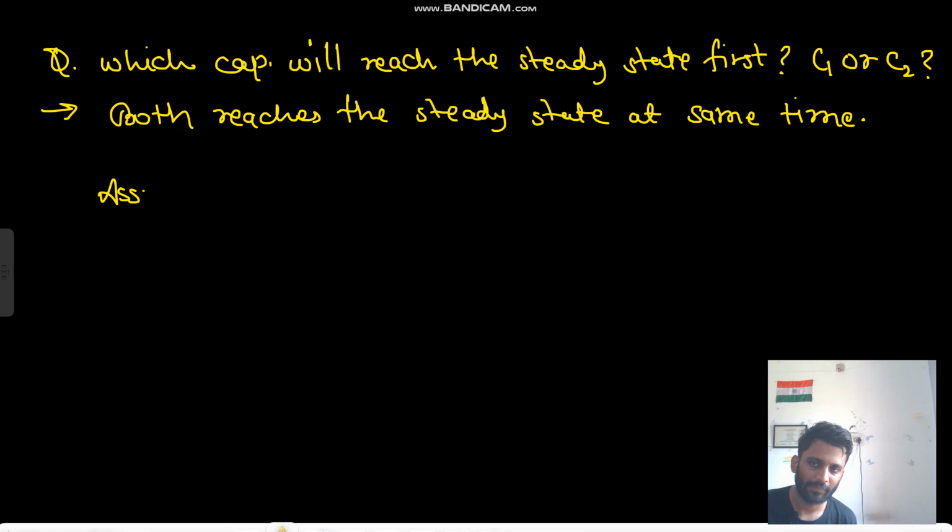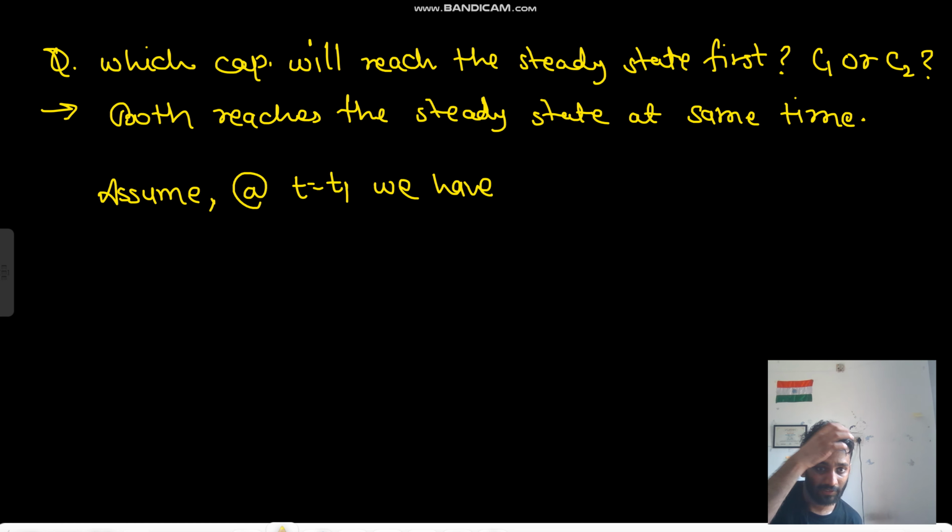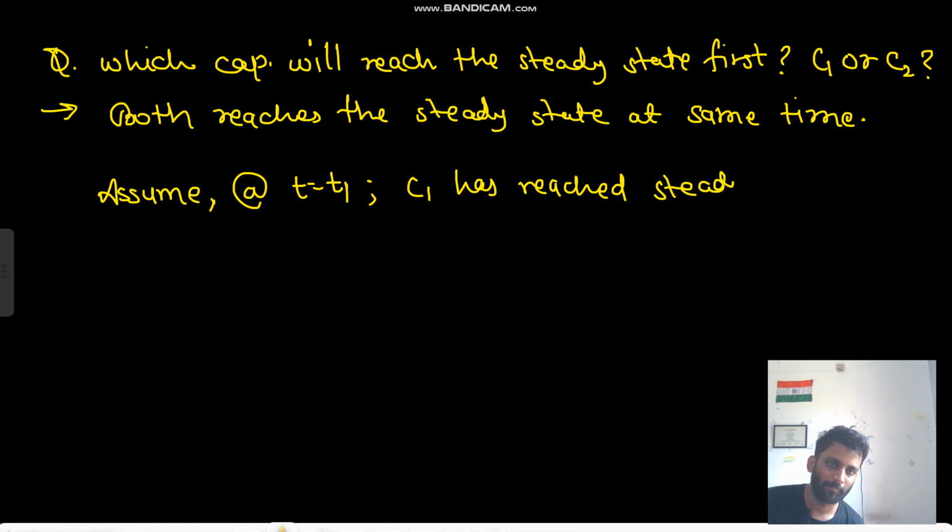Assume at t equals to t1, C1 has reached steady state. So VC1 will be equal to 5 volt.